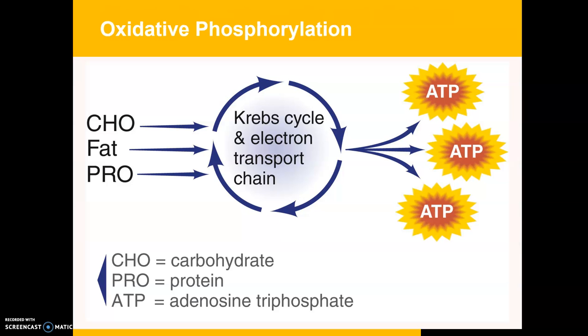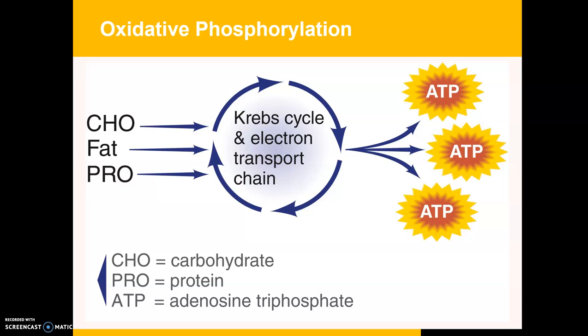The oxidative phosphorylation process, which takes place in the mitochondria, is made up of three major phases. The first phase is where carbohydrates, fats and proteins are prepared to be metabolized aerobically. The second major phase is the Krebs cycle, also known as the tricarboxylic acid or TCA cycle, or the citric acid cycle. The Krebs cycle produces a very limited amount of ATP directly.